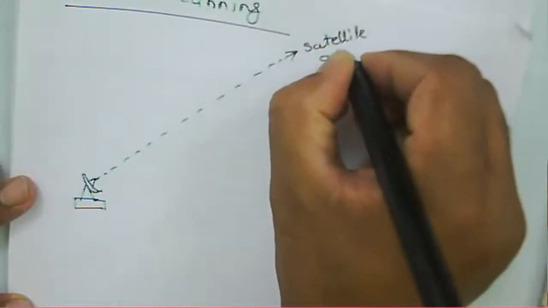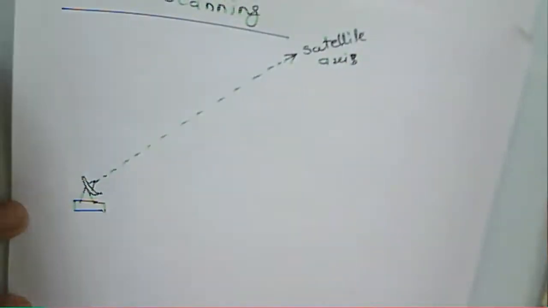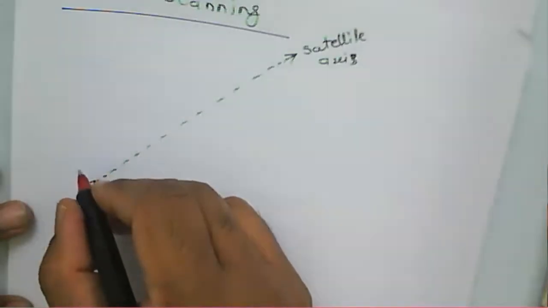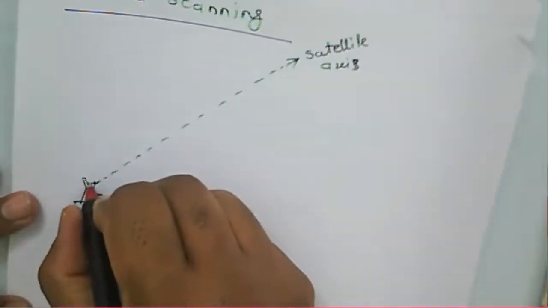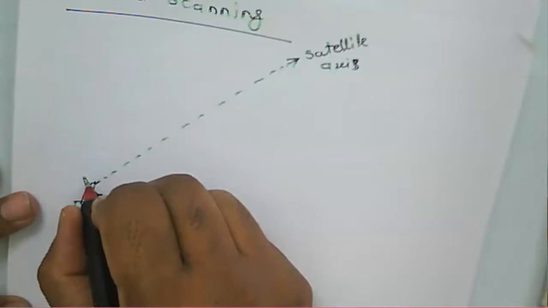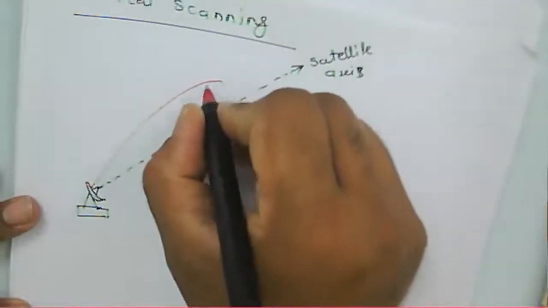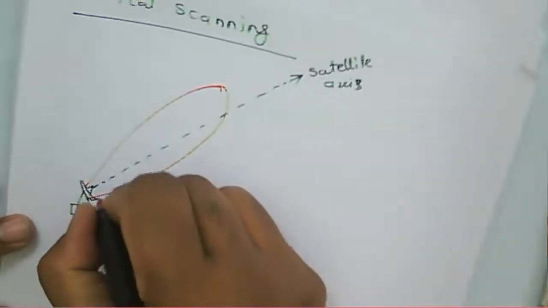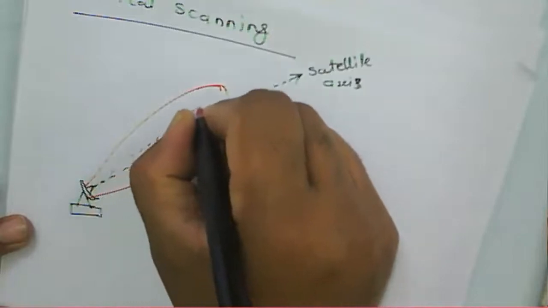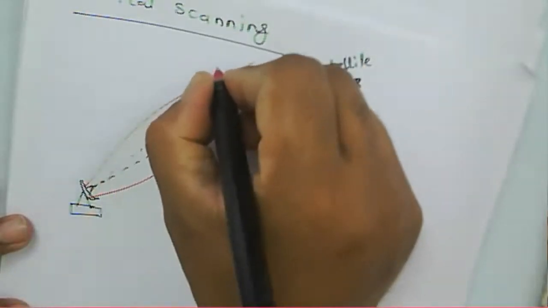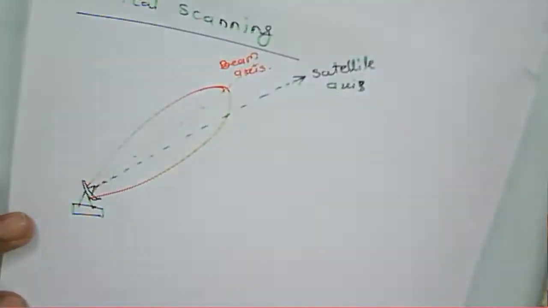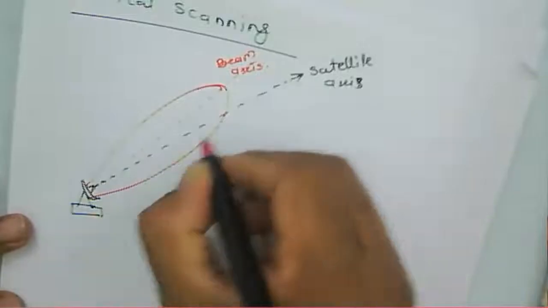Okay, this one is the satellite axis, and then we need to see what will be the radiation pattern of whatever signal we receive. So now this one is the beam axis, and this one is the satellite axis.